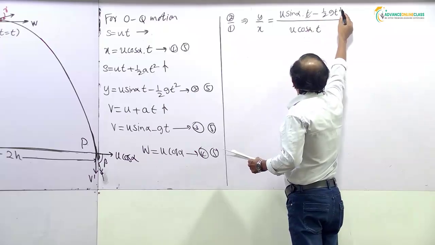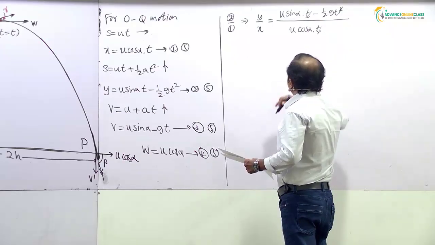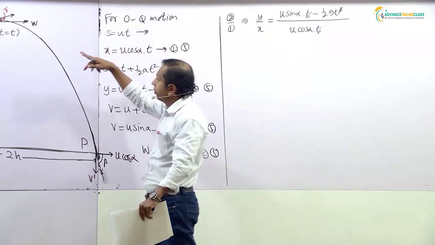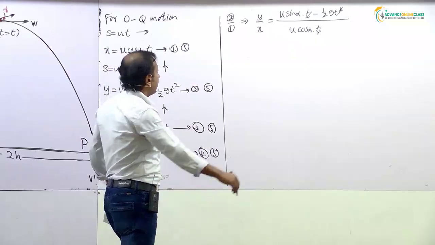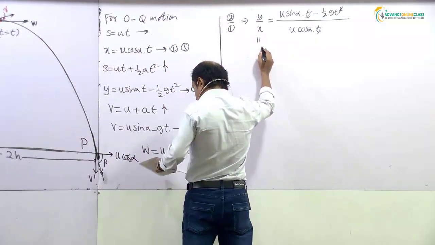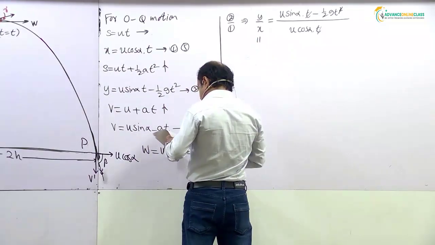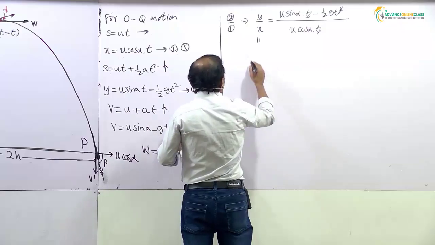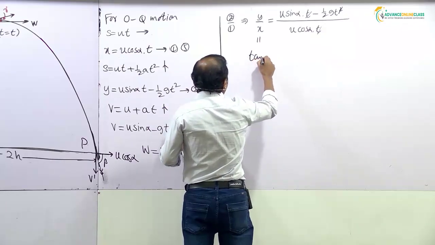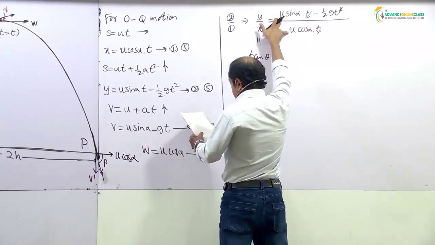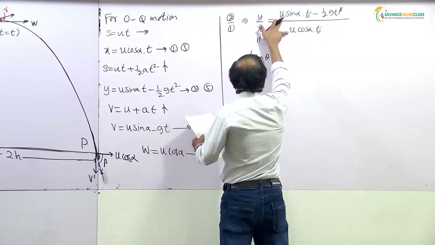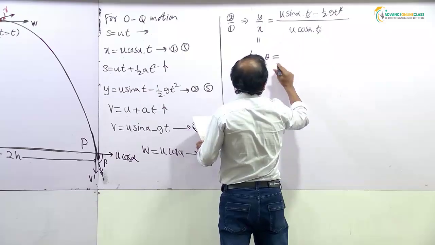Here, this t and this t you can cancel down. Y over x means tan theta. Now divide this by this.